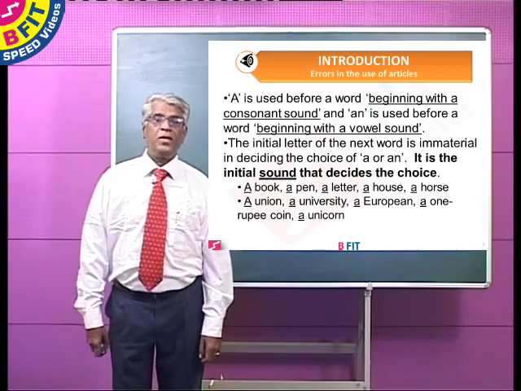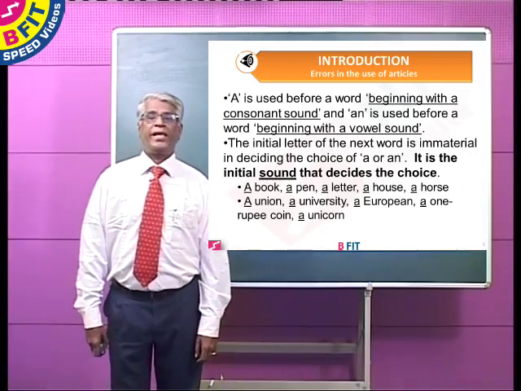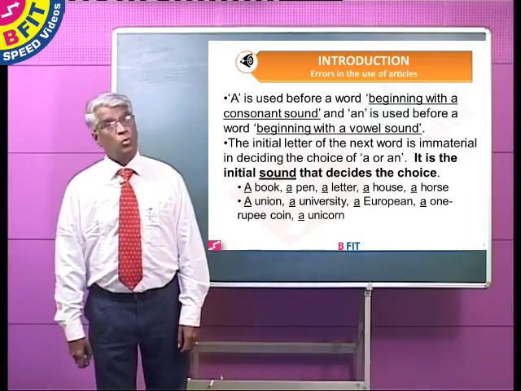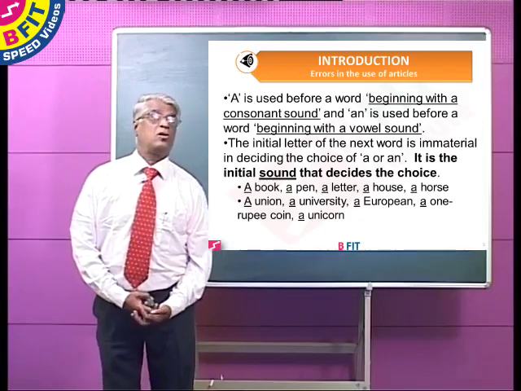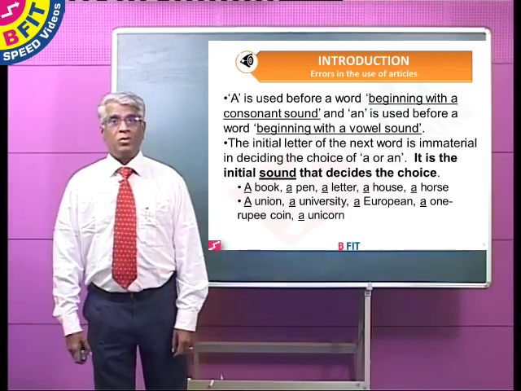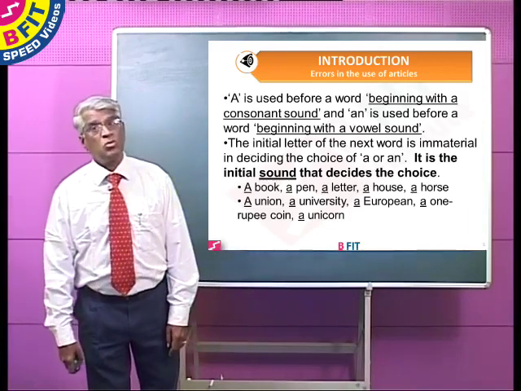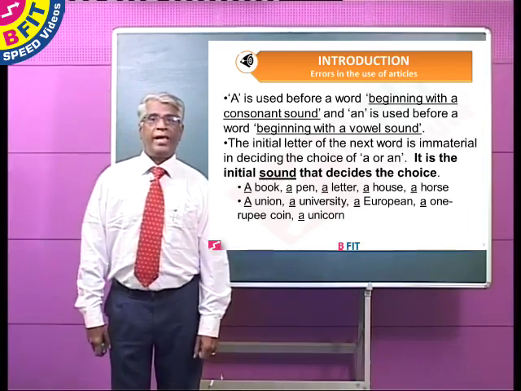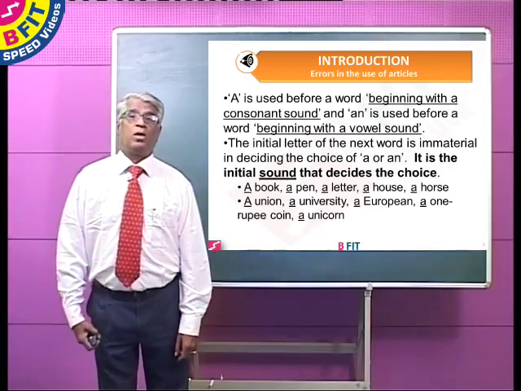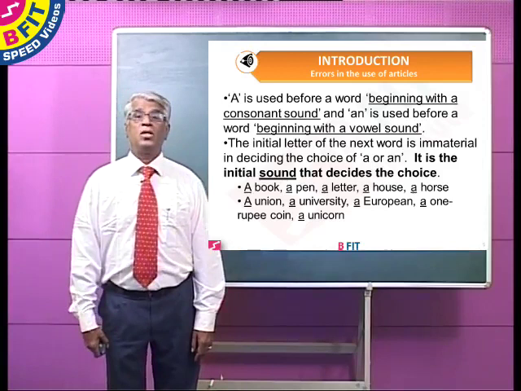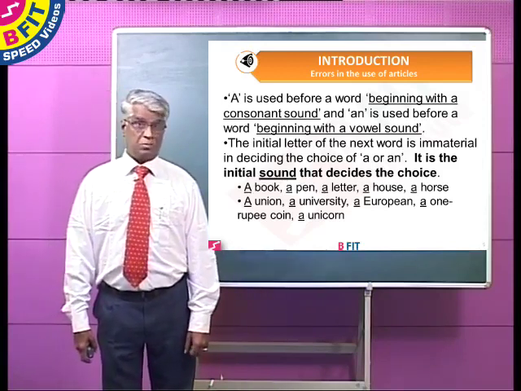Very often we think vowels are the letters A, E, I, O, U. But unfortunately these letters are not vowels. Vowels are sounds. These are sounds produced when the airstream from our lungs escapes through the voice box and through the nose and the mouth without any disturbance.